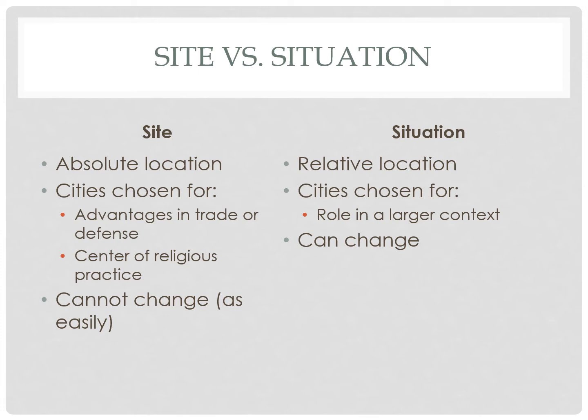And even now, with Vatican City, Rome isn't even the center of the Roman Catholic Church anymore. Vatican City is. And so that situation can change over time. And that's important to remember.